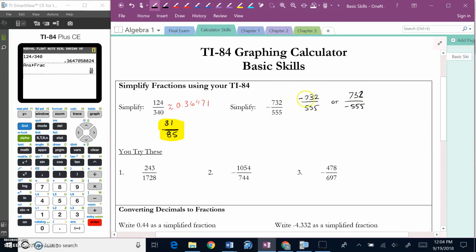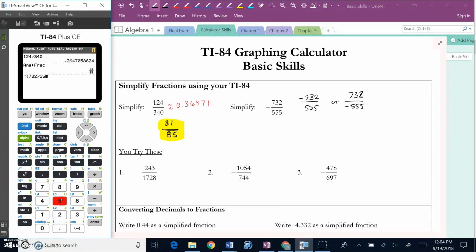I can write it as a negative divided by a positive, or positive divided by a negative, but with fractions I usually do the third option, which is type the negative button, which is down here at the bottom, not the subtraction button. The negative button, and then I like to put my fractions in parentheses whenever possible. 732 divided by 555 in the parentheses. That's my way of telling the calculator that this is a fraction and not simply a division problem.